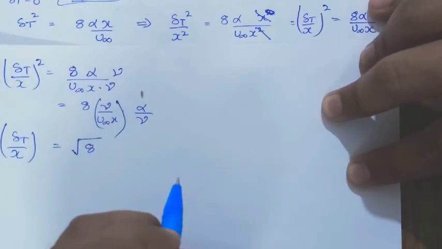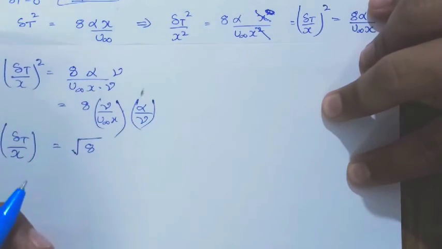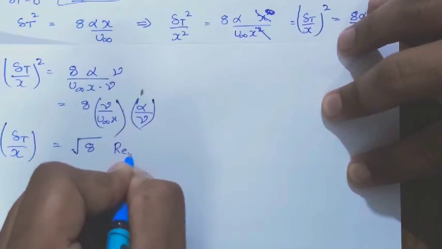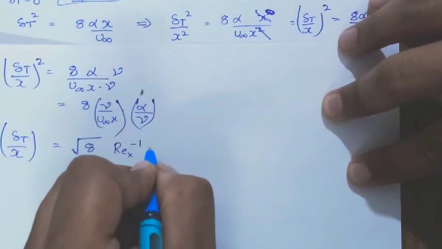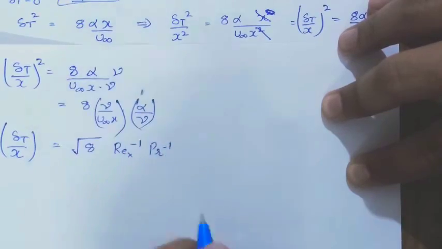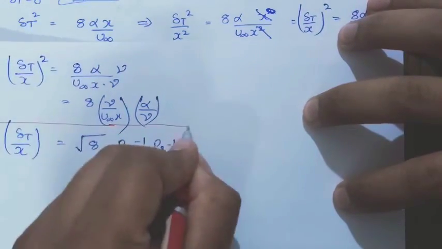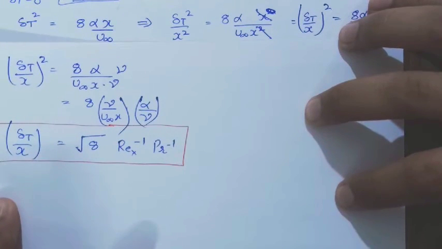This is what Reynolds, this is what Prandtl. So it will be Reynolds number to the power half into Prandtl number to the power half. So this is the relation of delta t by x in this case.